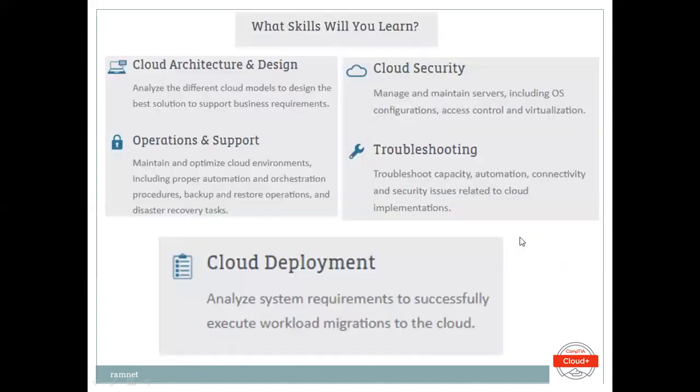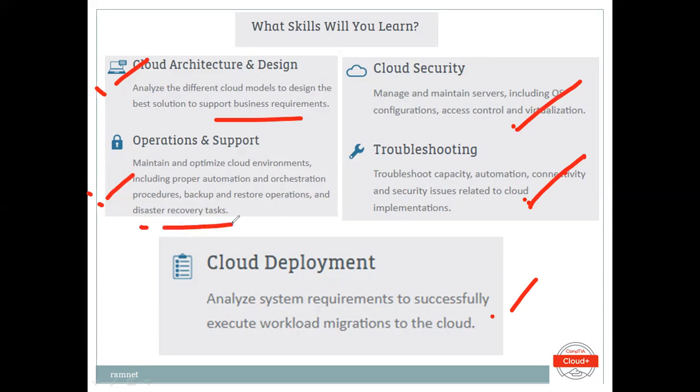So what skills are you going to learn from this certification? Cloud architecture and design is the first, then operations and support, cloud security, troubleshooting, and the last is cloud deployment. In cloud architecture and design, analyze different cloud models to design the best solution to support your business requirements. Operations and support: maintain and optimize the cloud environment, including proper automation and orchestration procedures, backup and restore operations, and disaster recovery tasks.